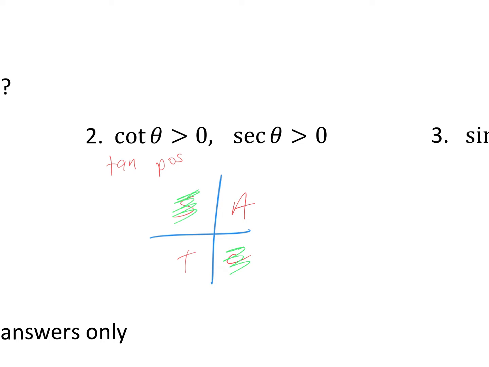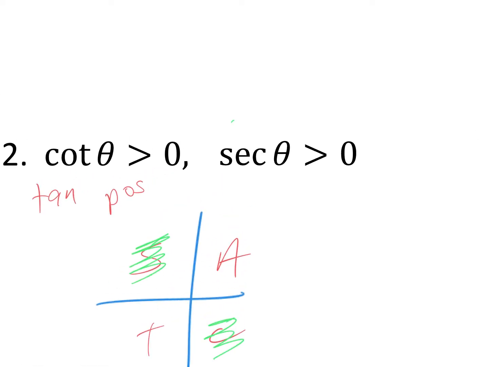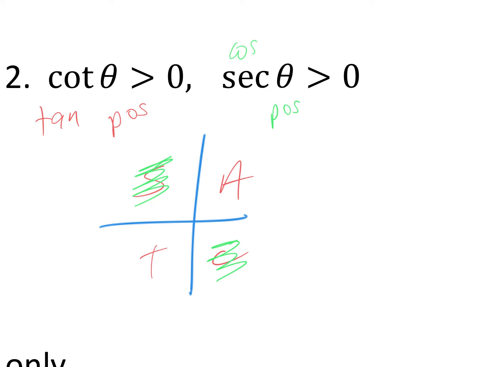Then my second statement says secant. Well, what goes with secant? Cosine. So secant and cosine are greater than 0. That means what? Positive. So with what we have left over, where are cosine and secant positive? In quadrant 1, the first quadrant. So I know that my angle is in quadrant 1.